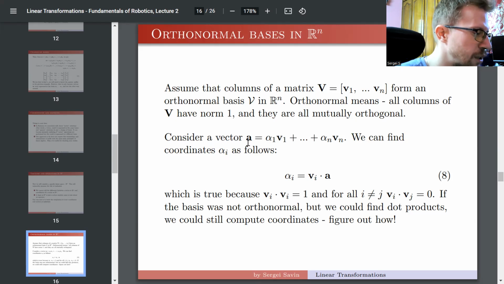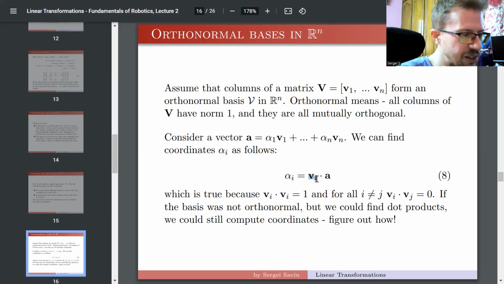Okay, so consider now vector a, which is alpha 1 v1 plus alpha 2 v2 plus alpha 3 v3, up to alpha n vn. We can find those coordinates now using the dot product.